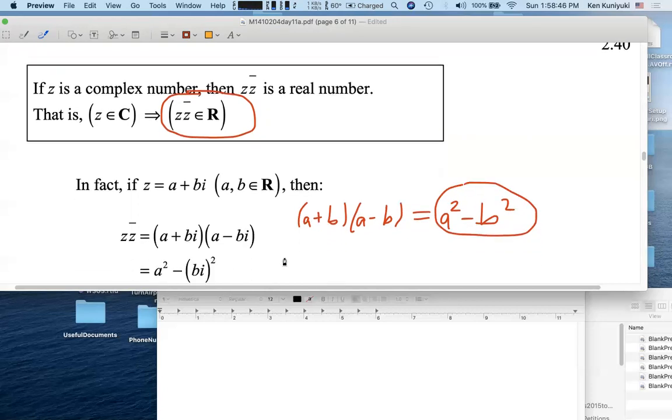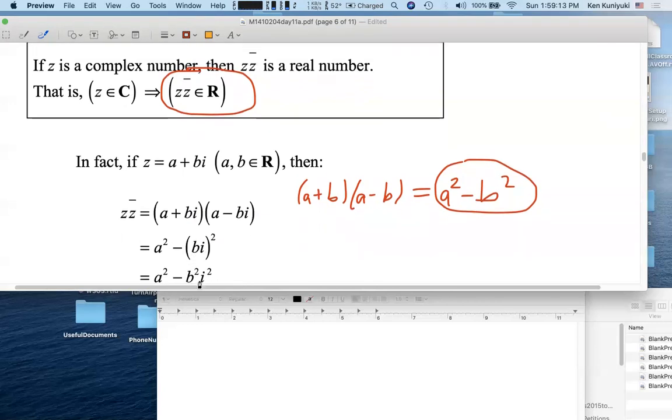So likewise, if you're multiplying this sum by this difference, it's the square of the first guy, a squared, minus the square of the second guy, the square of bi. Before we didn't have the i's, and we had a squared minus b squared. Now we do have the i's, and we have a squared minus the square of bi. You share the square here, and you get a squared minus b squared i squared.